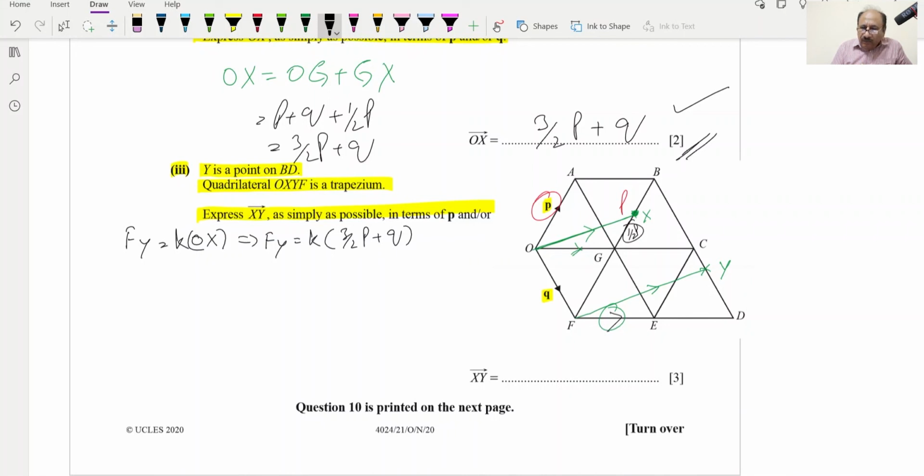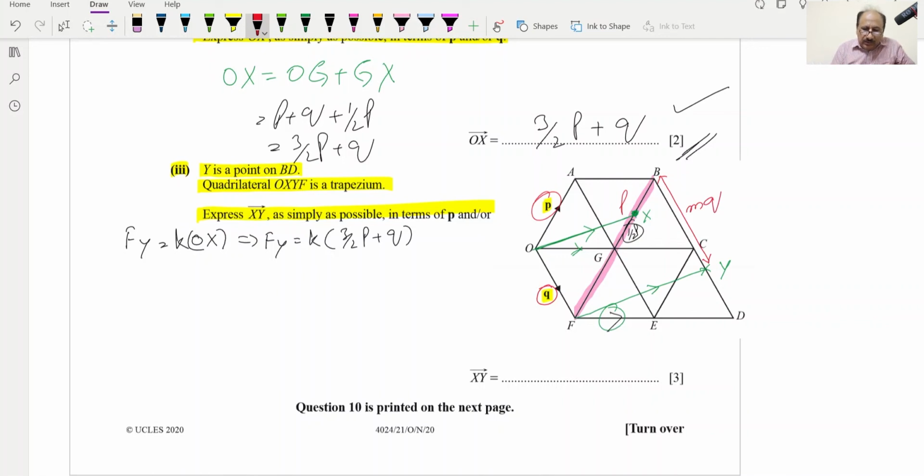Now FY is equal to 2P plus mQ. From where are we getting 2P plus mQ? You need to understand this is P, this is P. So 2P, and mQ is this one, which is parallel to Q, so we can write this as mQ.